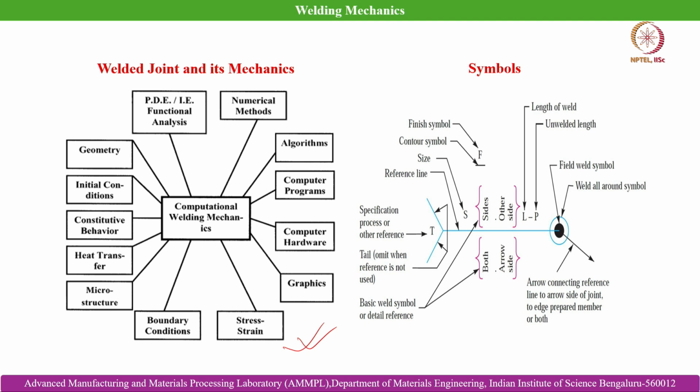So, it is wise to study the joint mechanics, its performance, and also the process parameters which are necessary to create a joint with the desired level of structural integrity and quality characteristics such as the desired microstructure and properties by computational welding mechanics. Computational welding mechanics mostly deals with the solid state of the joint, that means the performance of the joint.